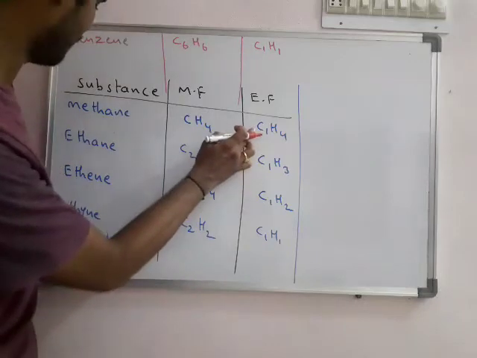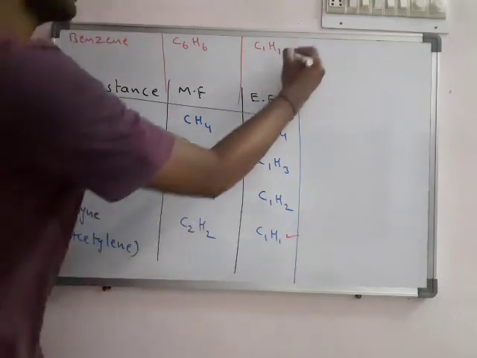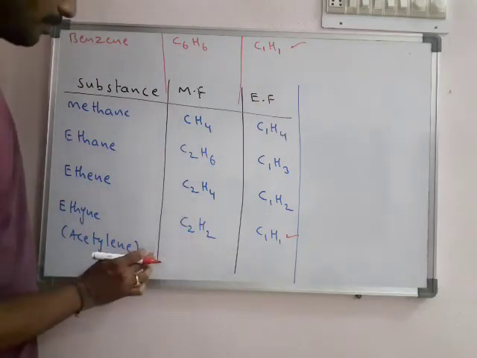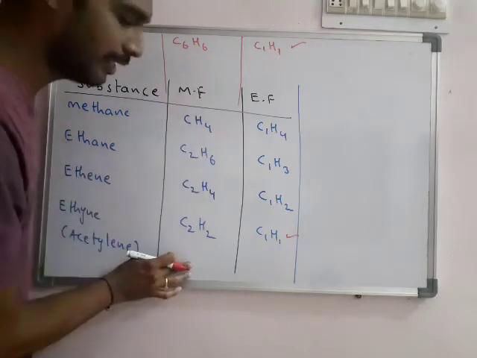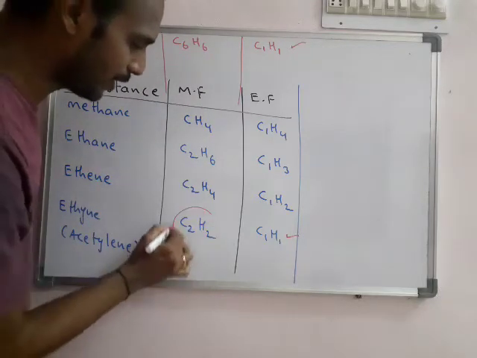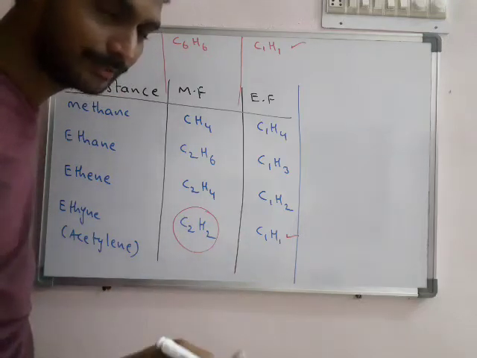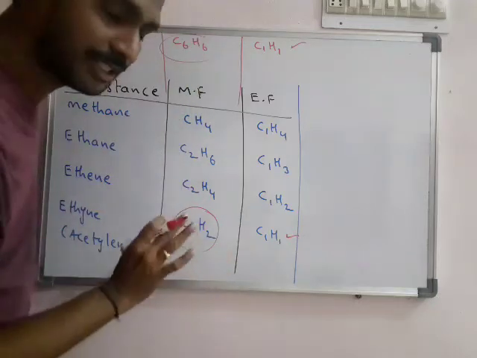For methane and ethane, there is no problem. Just see acetylene and benzene. The molecular formula is C2H2 for one and C6H6 for the other, totally different. C2H2 we can say is ethyne, acetylene. C6H6 is benzene, which is perfect information.